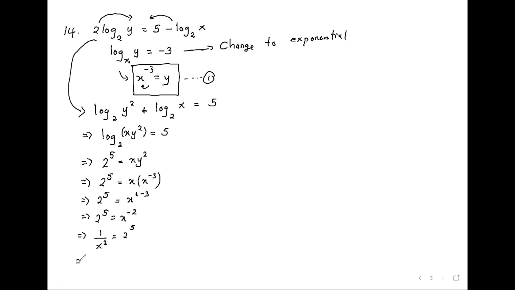So solving for x, we cross multiply, we have 1 is equal to 2 to the power 5, which is 32, times x squared. So divide by 32, divide by 32. So we get x squared is equal to 1 over 32, like that. And then from there, we have x is equal to plus or minus the square root of 1 over 32.